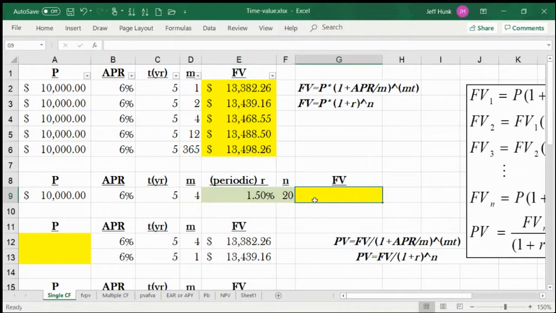And now all you need to do is simply apply this formula. Future value is P times 1 plus R, not this one, because the periodic rate is already found. So all you need to do is raise that to N and check it.